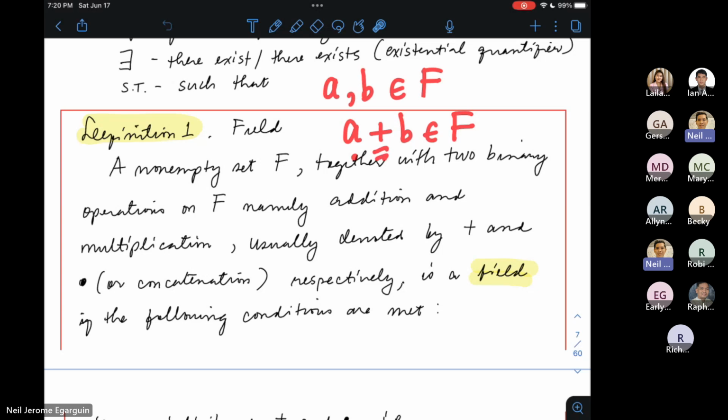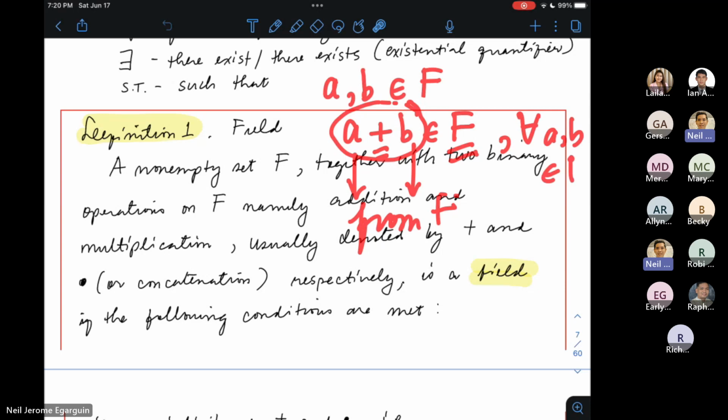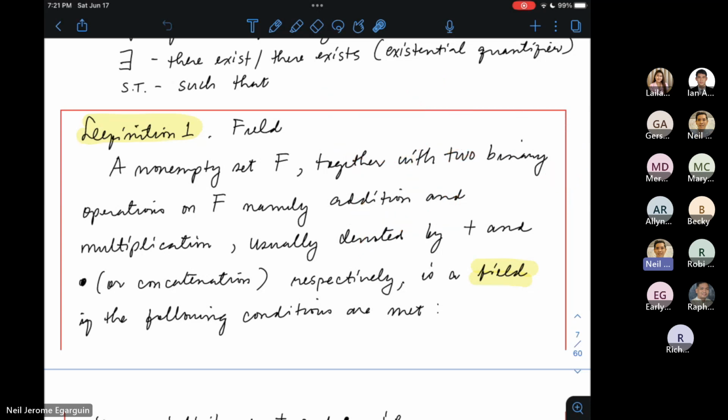I took two members of the set, si A at saka si B, galing sila kay set F, so dalawa, kaya binary, pinag-operate ko sila under addition, yung sagot nabibilang pa rin kay F. And if this is true for all A and B in F, then I can say that the set F is closed under addition. Okay? Is that clear?